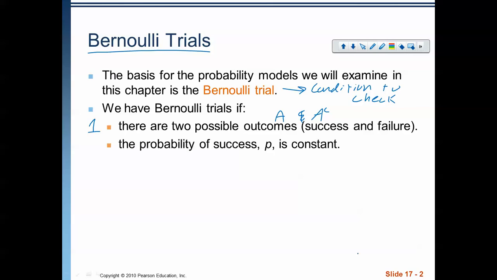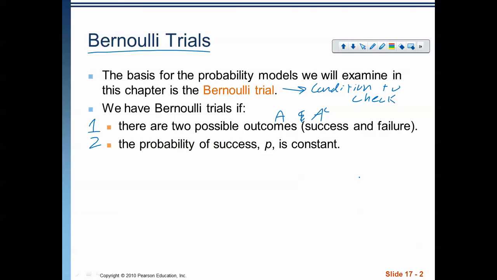The second thing is that the probability of success, P, needs to remain constant. Everything we've talked about with conditional probabilities takes it away from being a Bernoulli trial. Flipping a coin is a good example, because the probability of flipping a heads is the same no matter how many heads I've drawn.